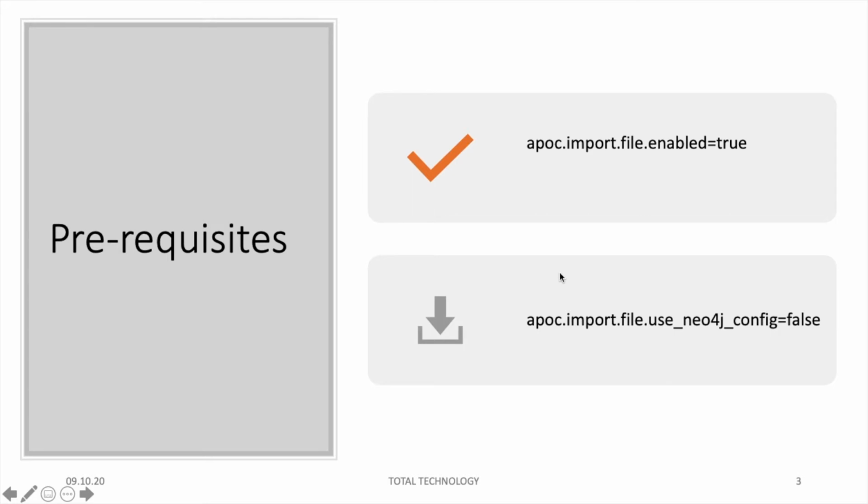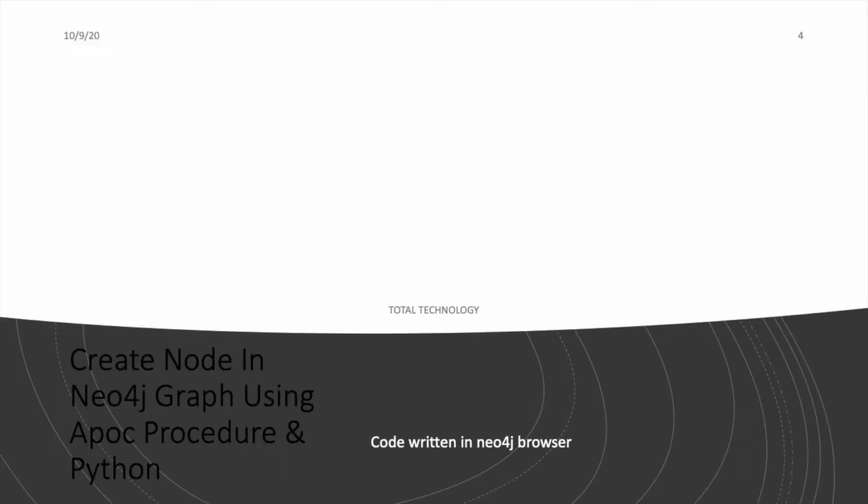For creating or dealing with Apoc, you just need to install the Apoc module. That is the prerequisite. These things are not required, but if you deal with JSON or CSV, they are. So you can ignore this slide, and from the next tutorial onwards I will delete this slide.